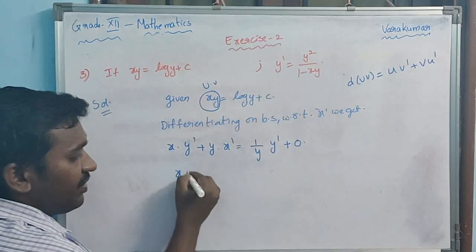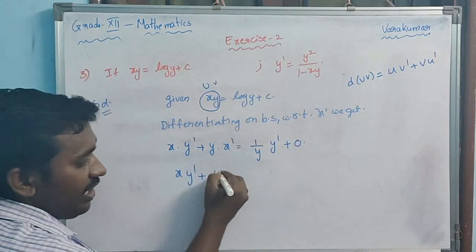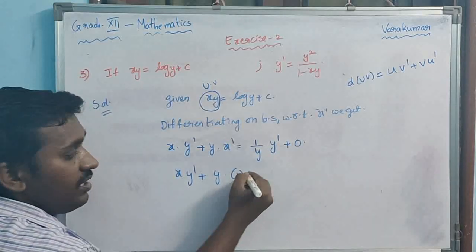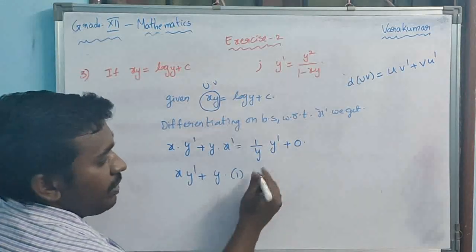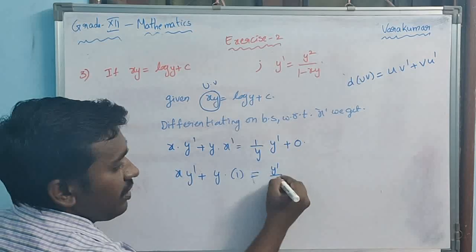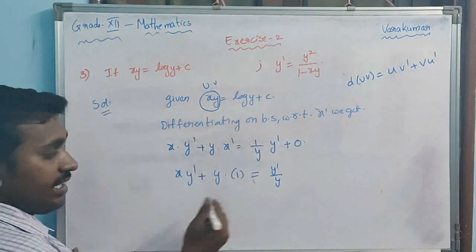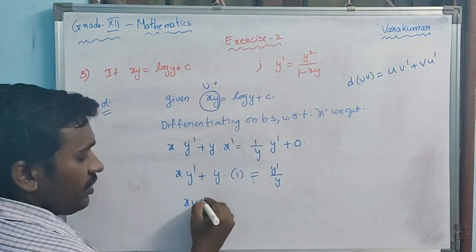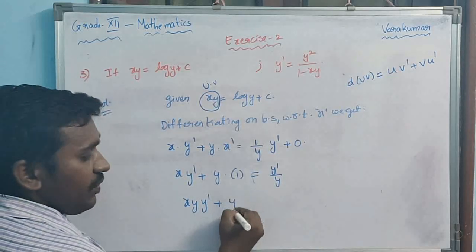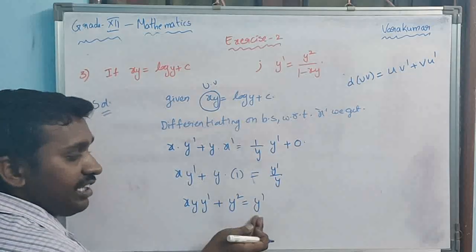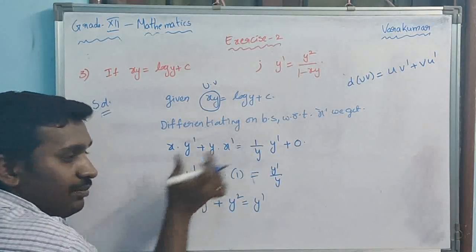Now I want y dash as the subject. Okay, let me write first x y dash plus y into x dash. The differentiation of x is 1, so plus y, is equal to y dash by y. Now do cross multiplication. You get x y y dash plus y square is equal to y dash. Now I want y dash as the subject, so carry this term over.